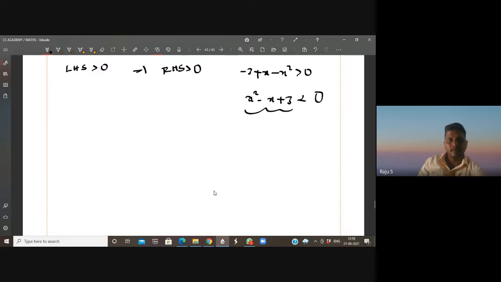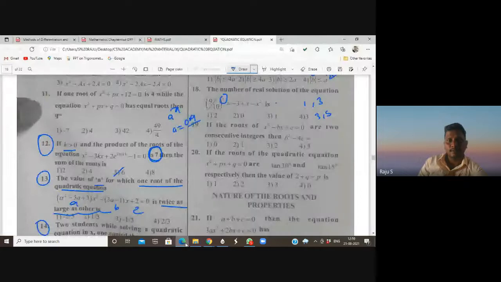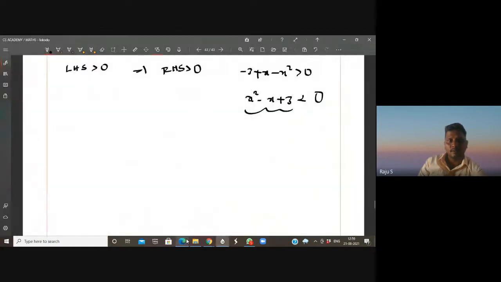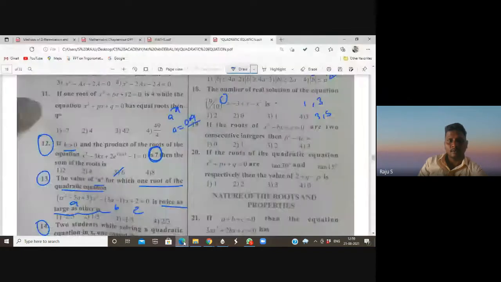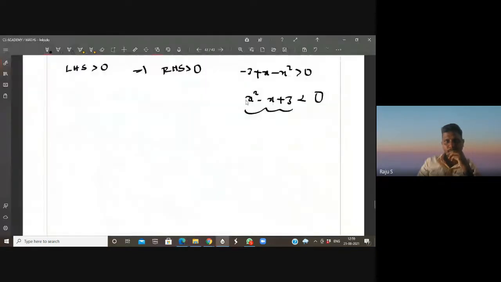Fastly, what are the roots of this? Real solution. What is the discriminant here? They are asking the discriminant. What is b square minus 4ac?